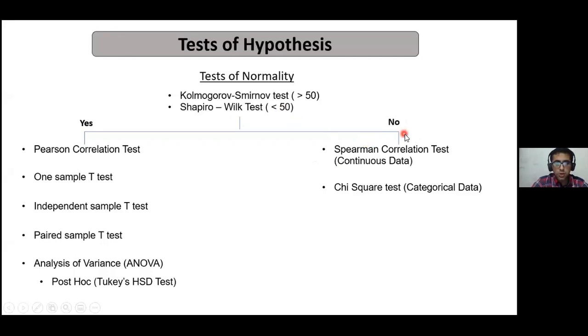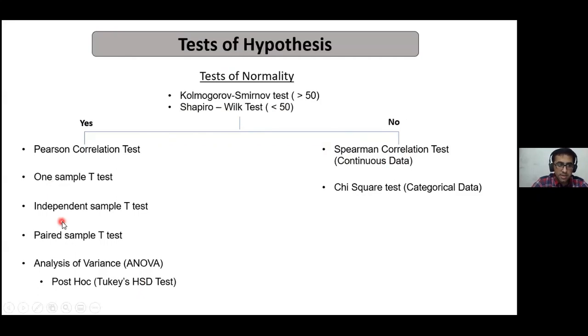Then, if there is no normality in the data, we use the Spearman correlation test. All these tests are for continuous data, even the Spearman correlation. If we have categorical data, then we use the chi-square test. I won't be discussing all non-parametric tests in detail given the time constraints, but I will give you just an idea about them.